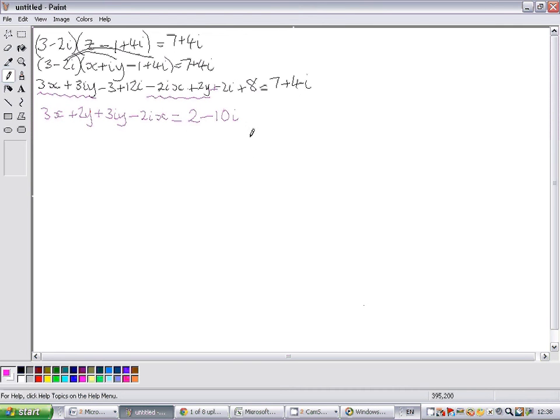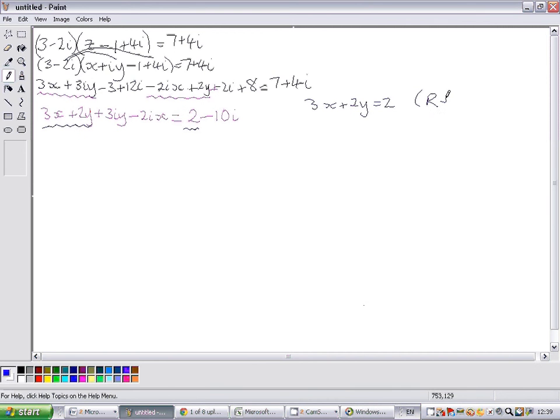So the next step is to have a look at what we've got on each side. So I'll use some different colours. This part here is real. There's no i's in it. And that is real. There's no i's in that. So 3x plus 2y equals 2. That's comparing the real parts on both sides.